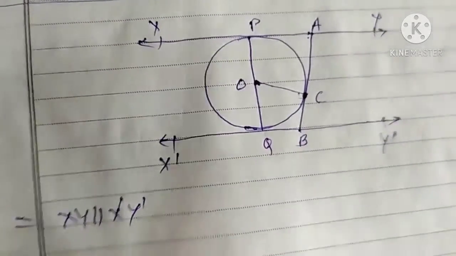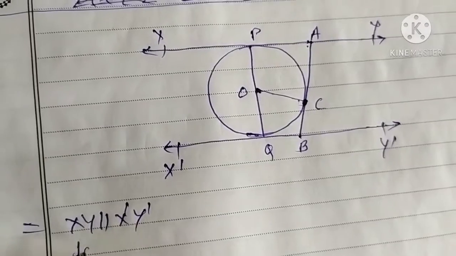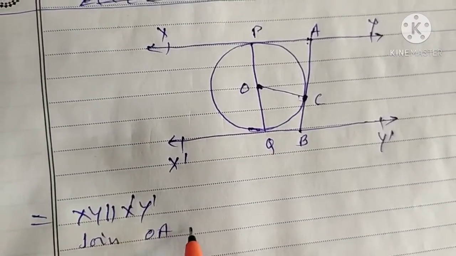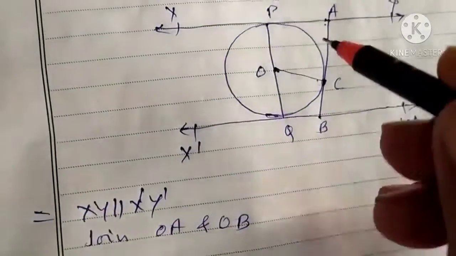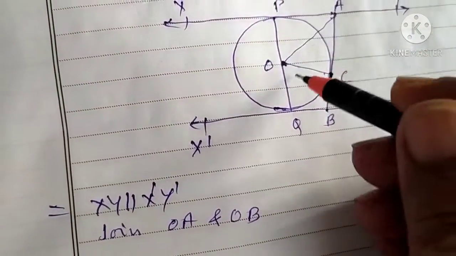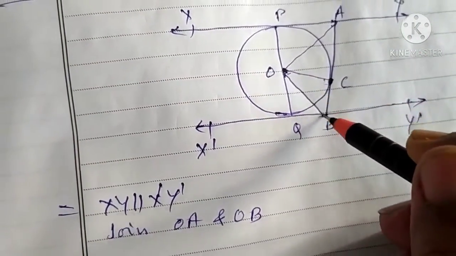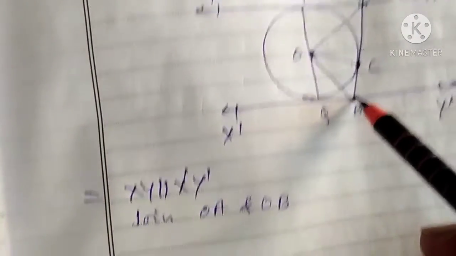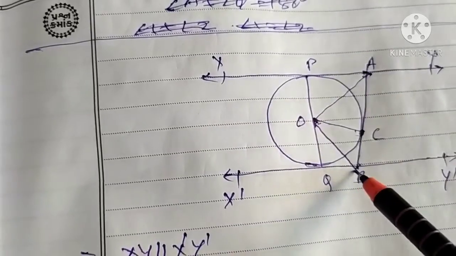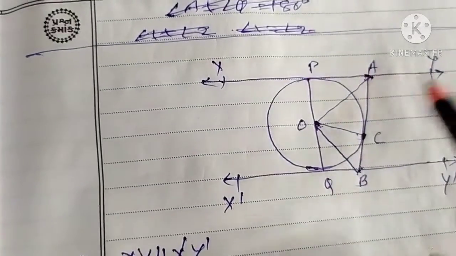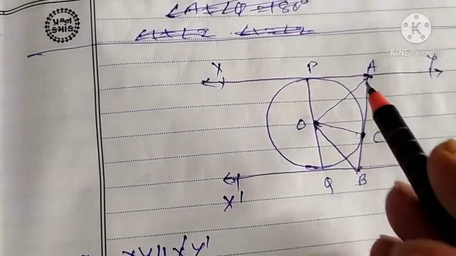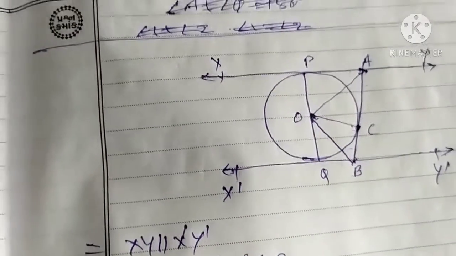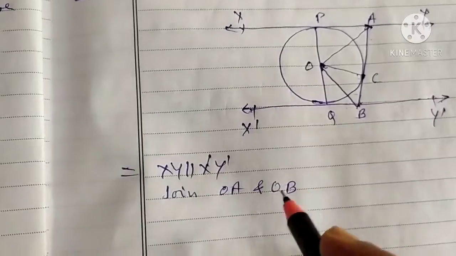Now students, A and B are exterior points, so join OA and OB. Very good. Now if I take AB as a transversal of XY parallel to X'Y', you know angle A plus angle B equals 180 degrees. Yes or no?